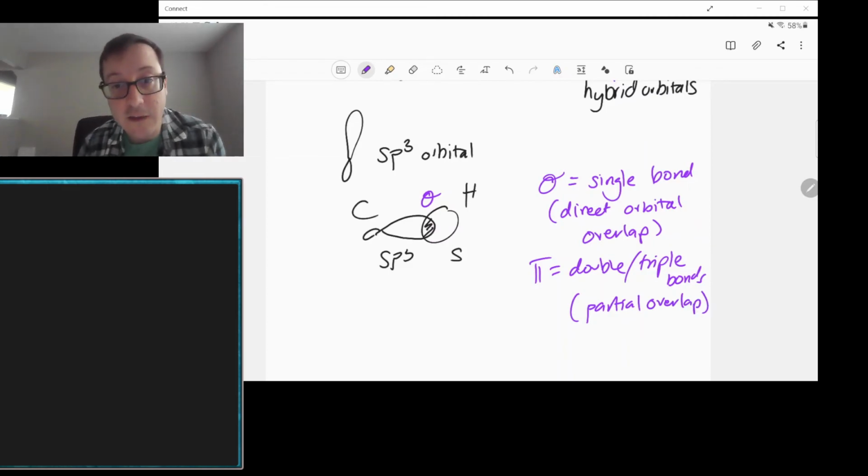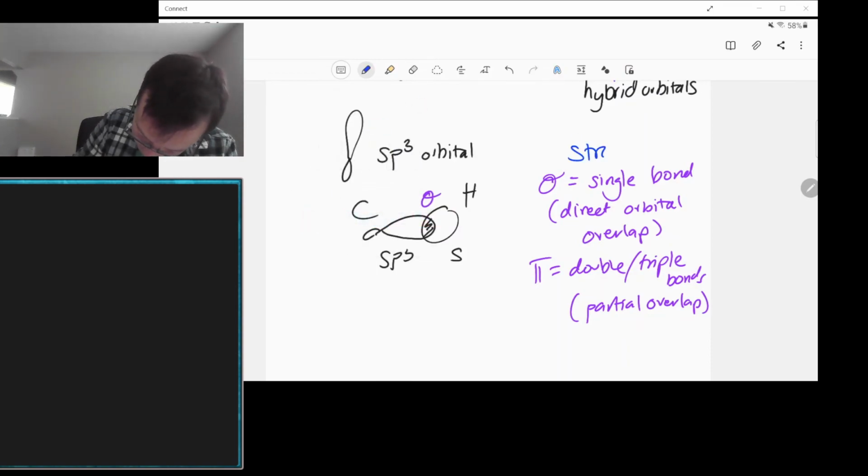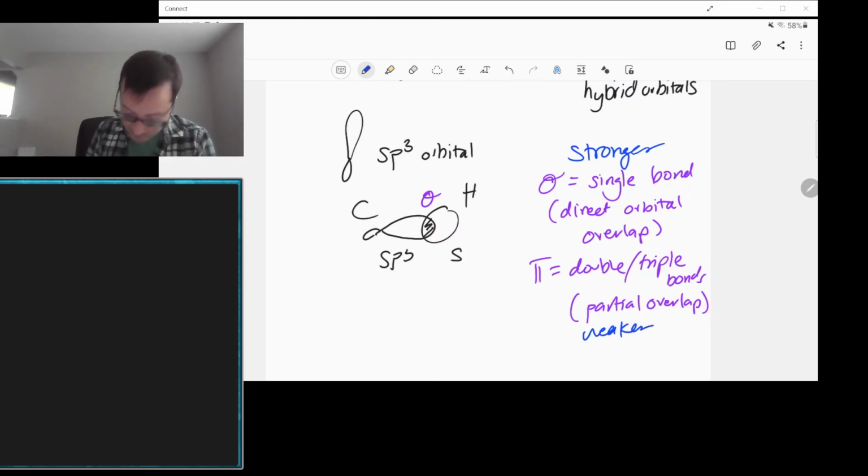As you can imagine, if you have direct overlap, sigma bonds are going to be stronger than pi bonds will be. And we're going to see that we can correlate the coordination number with the hybridization that an atom will undergo.